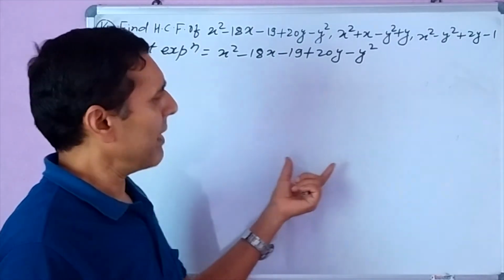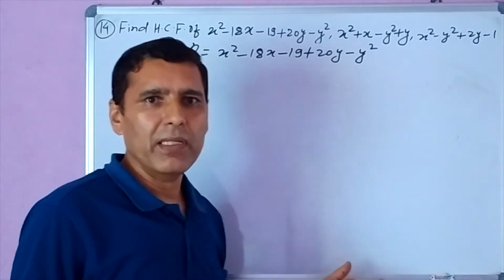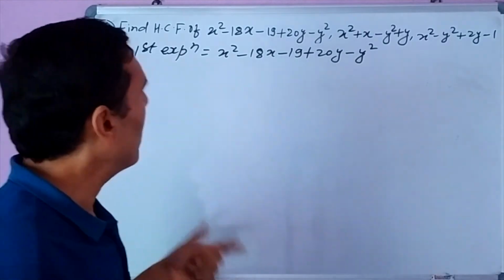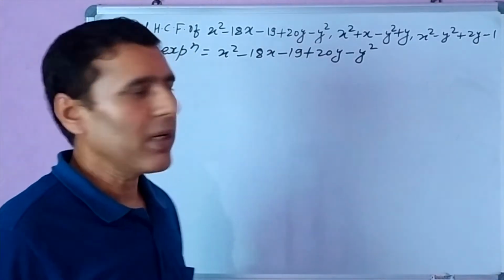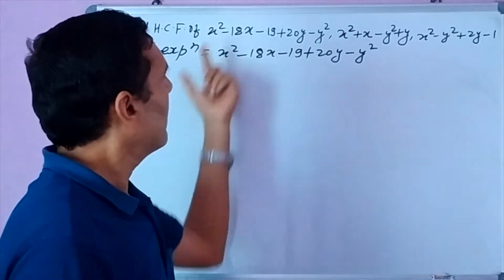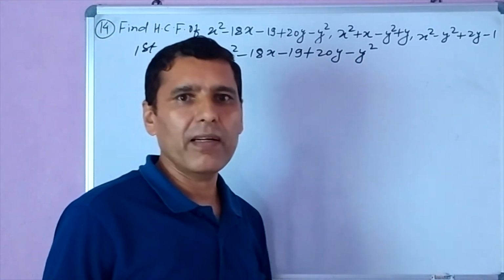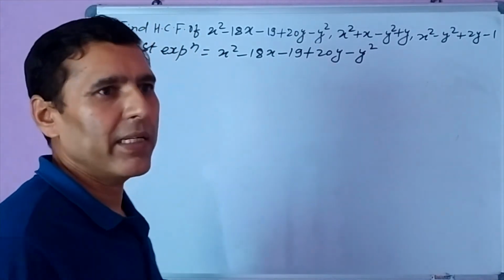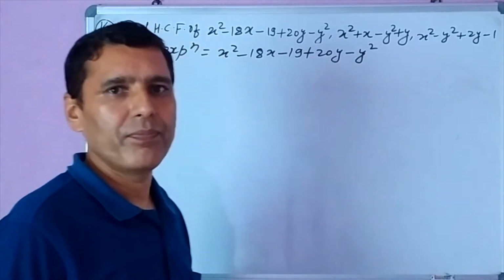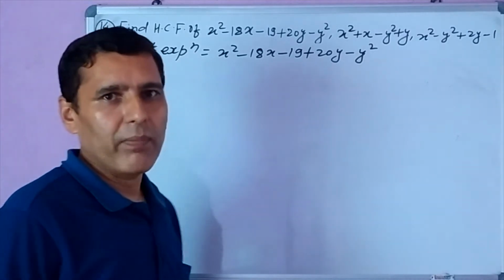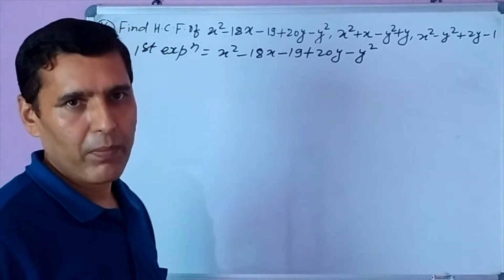We have to apply a slightly different technique to factorize it, because we cannot use any formula directly here. By arranging the terms in the same structure, we cannot factorize it. So what technique are we following? By completing the square.